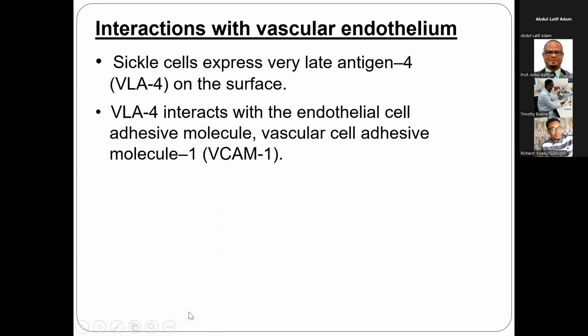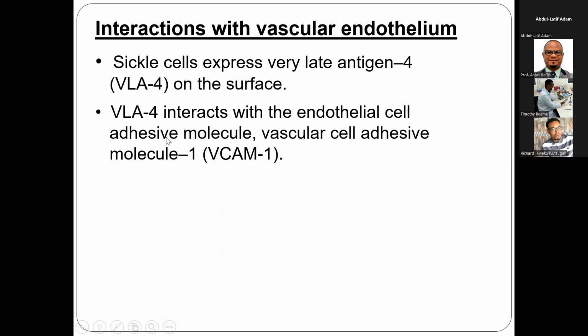So how is the interaction coming about? There is a molecule known as very late antigen 4 that sickle cells express on their surface. And this very late antigen 4 interacts with an endothelial cell molecule known as vascular cell adhesion molecule 1, VCAM1.